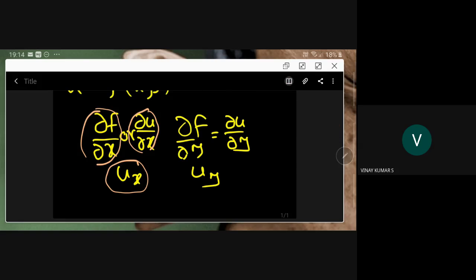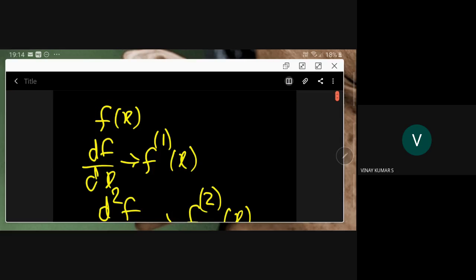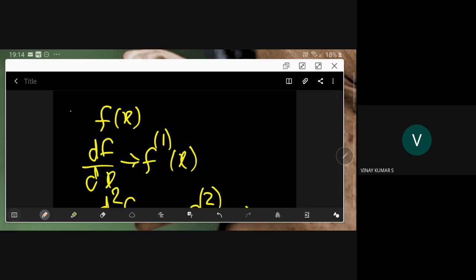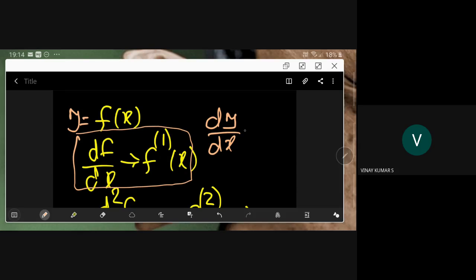When we are dealing with ordinary derivatives also, if you label this f of x as y, then we can say dy by dx. The same idea we can represent as y prime, and in short I write like this.